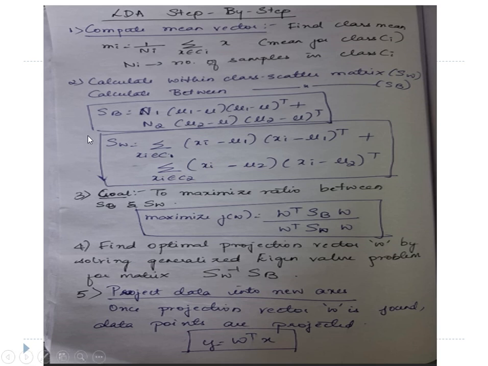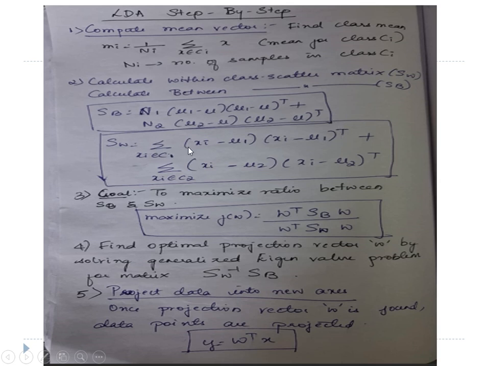SW, I said, is the scattering within the class. So the formula is you have to take the data points now into consideration. Remember, for within the class you have to take the data points. So let's say the data points are xi. Since I'm now talking about two classes in this case, xi minus mu1, where mu1 is the mean of class 1, into (xi minus mu1) transpose.